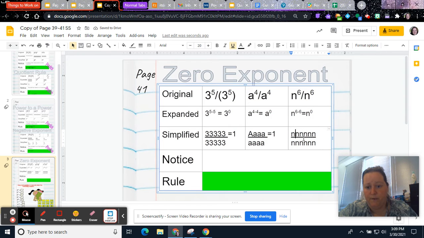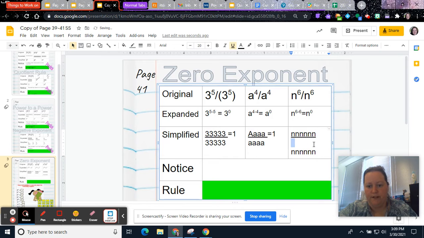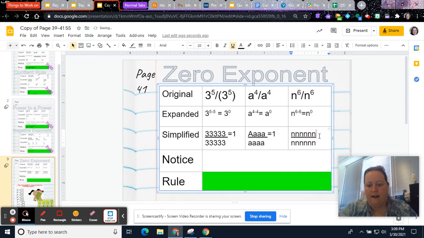This equals 1. The thing that I want you to notice with this is that anything to the 0 power equals 1.